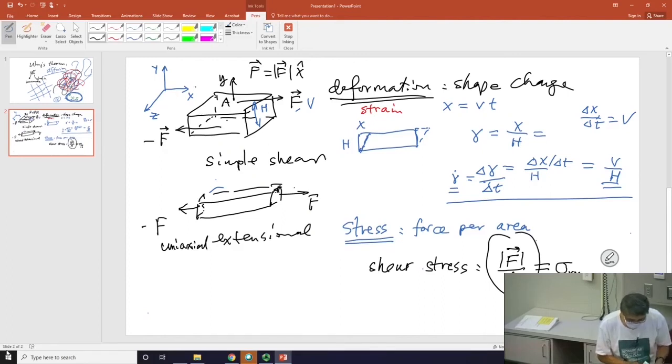But I probably say too much when I say I won't talk about it. It will be on page 63 on the extension part. Because for clarity, I only took the case of shear to discuss until chapter 3, where we talk about the two most common ways of making a shape change. One is shear, one is extension.